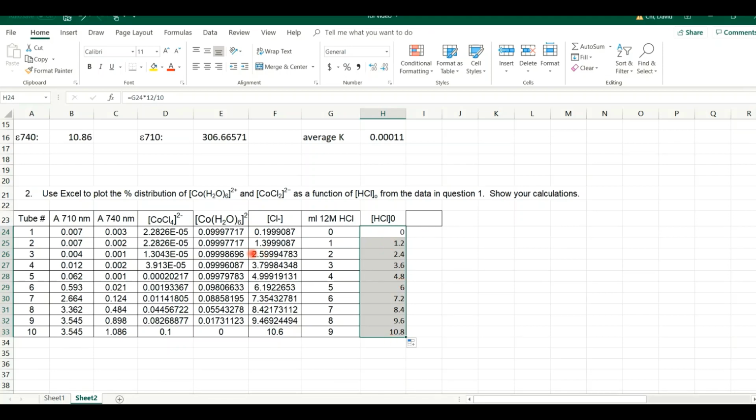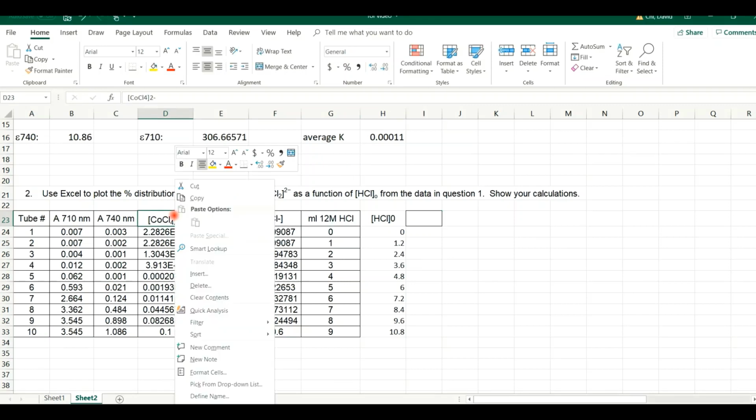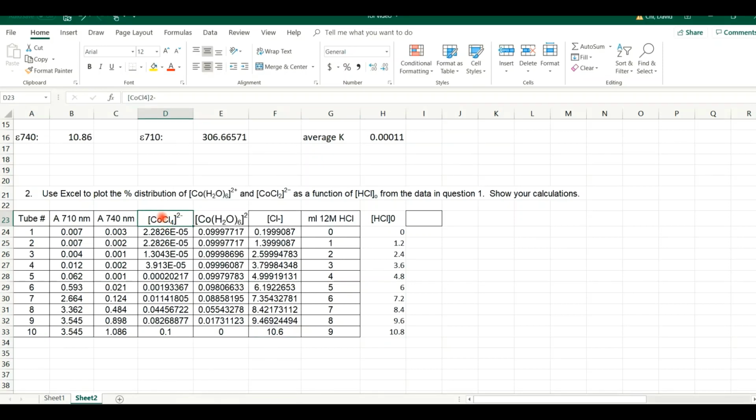To calculate the percent of these two complex ions, we add two columns.